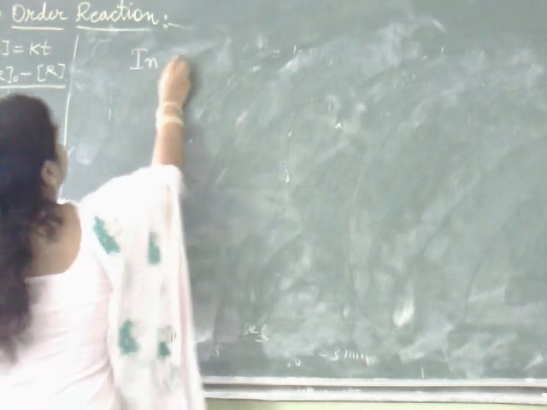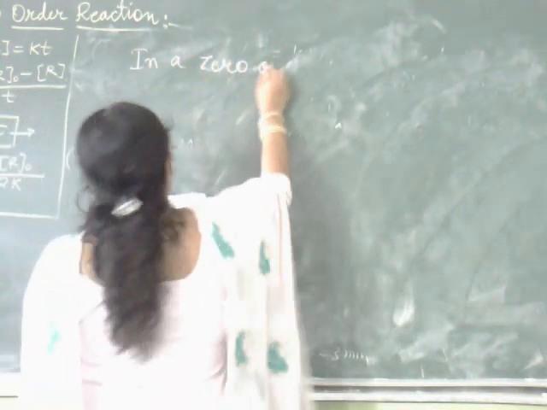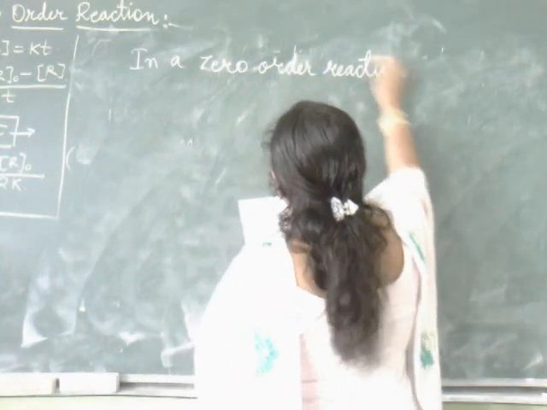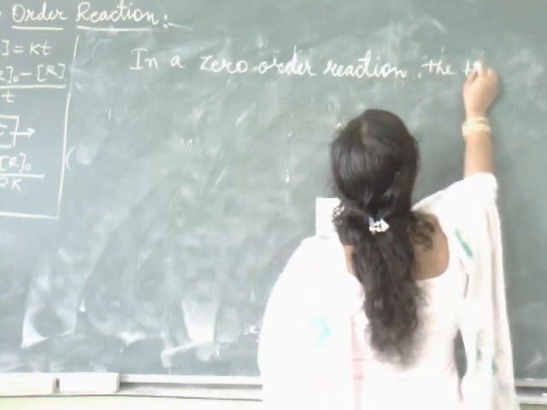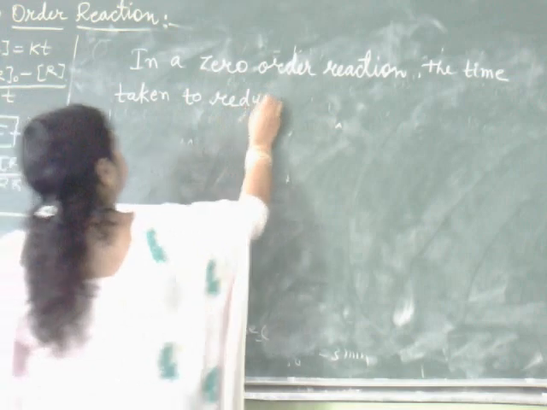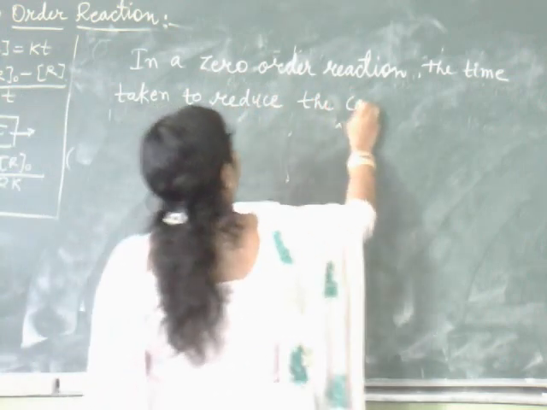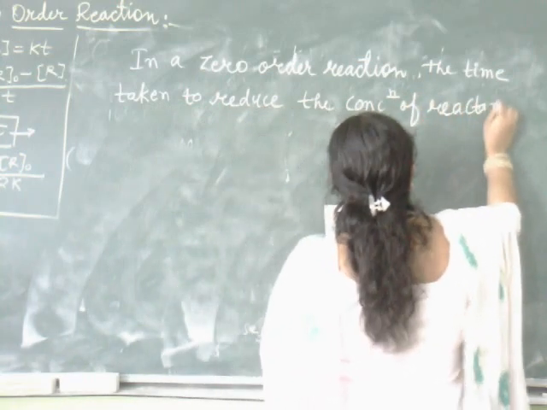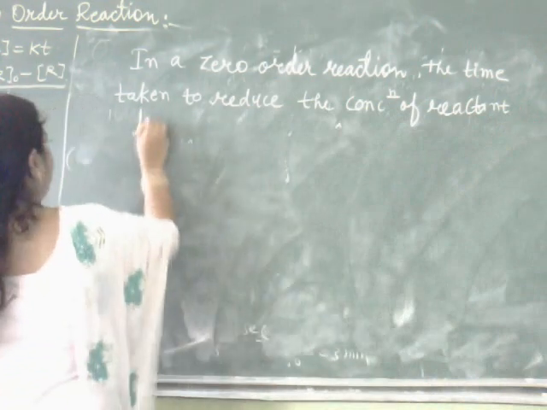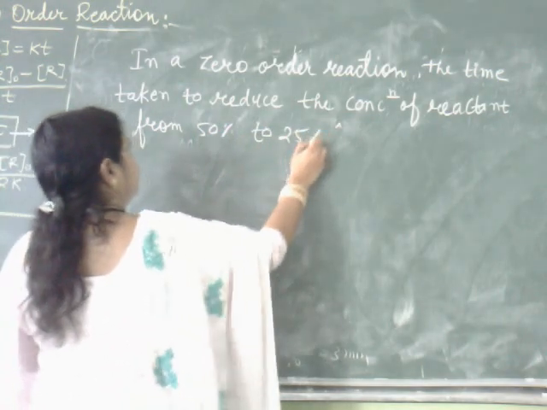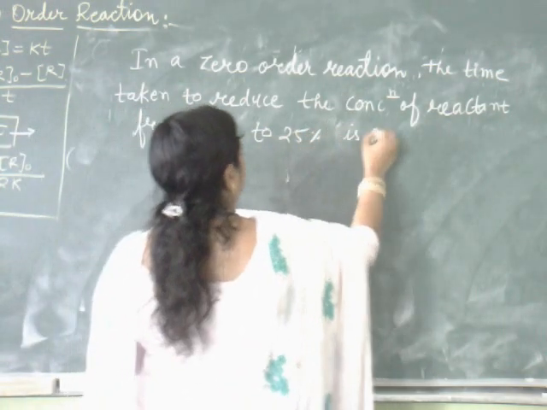In a zero order reaction, the time taken to reduce the concentration of reactant from 50% to 25% is 30 minutes.